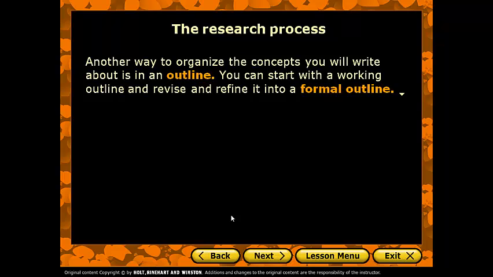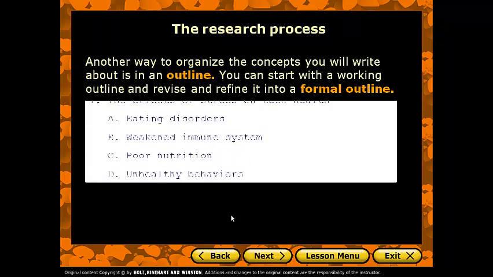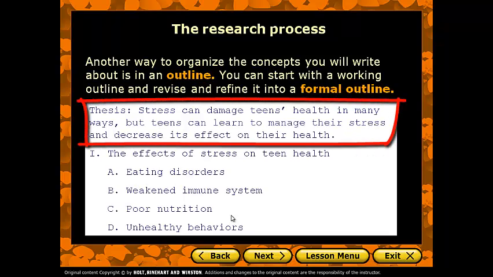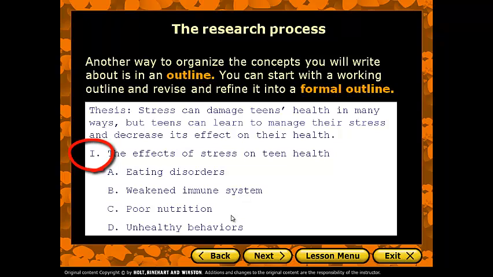Then we take that mind map and we take the concepts and create a formal outline where we have our thesis statement written out. Then we have Roman numerals for our main points and capital letters for our subpoints. And this is in MLA format. We'll talk about that later, but you'll learn to write a formal outline.